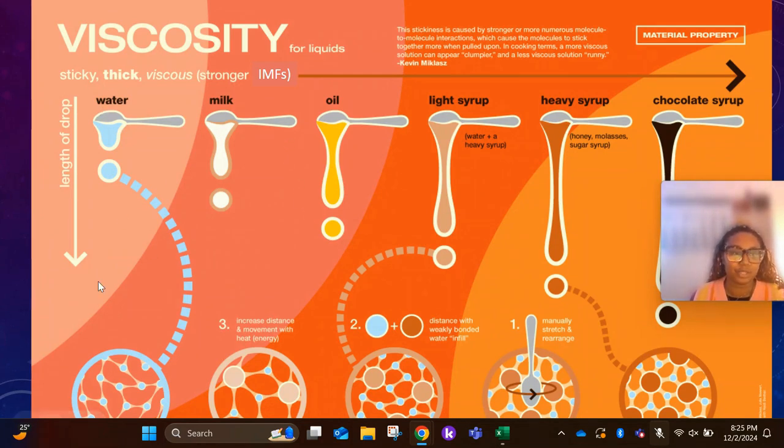So it's just giving you an example by showing you the length of the drop. It's also giving you an example by explaining that the stickiness is caused by stronger or more numerous molecule to molecule interactions, which cause the molecules to stick together more when pulled upon. In cooking terms, the more viscous solution can appear clumpier, and a less viscous solution will look runny.